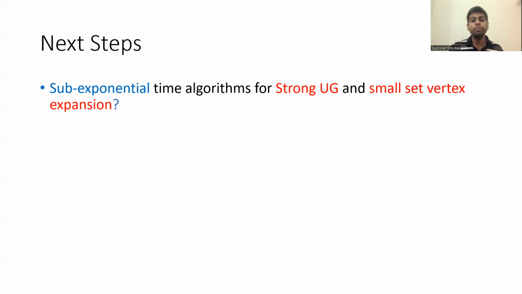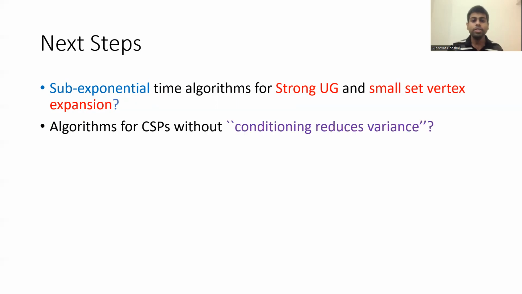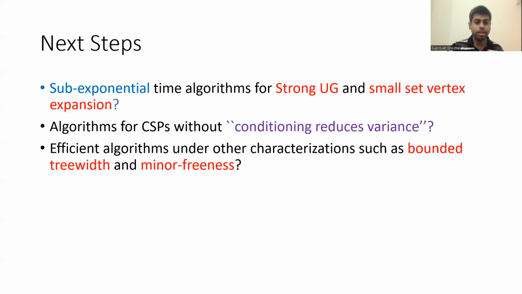Given that we already show that strong unique games is easy on low threshold rank graphs, can we use that as a stepping stone to develop sub-exponential time algorithms? The second question is that this framework seems to work mostly for predicates which satisfy this conditioning reduces variance property. So one can ask, how can we solve strong CSPs for other predicates?